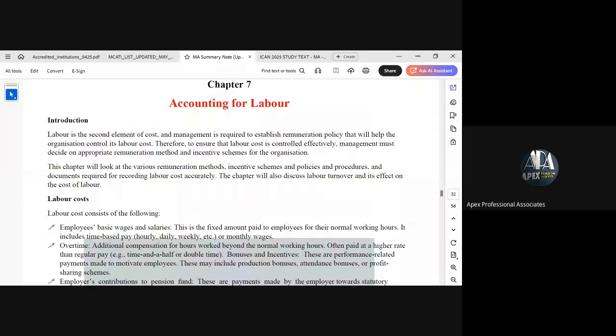So when you calculate labor, there are certain things that you must take into consideration. Now, picture yourself as an employer of labor, somebody who is recruiting, paying the salaries of some people, or calculating the amount you're going to pay to some people who have done some work for you.